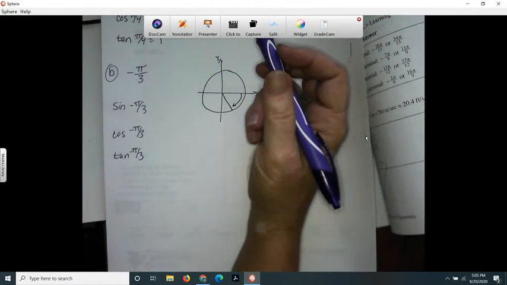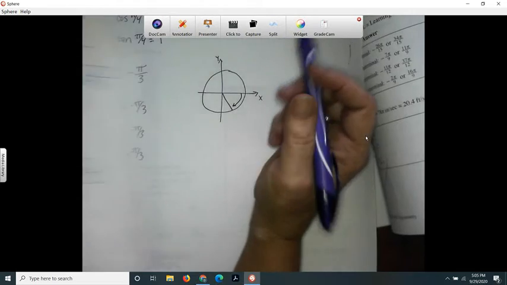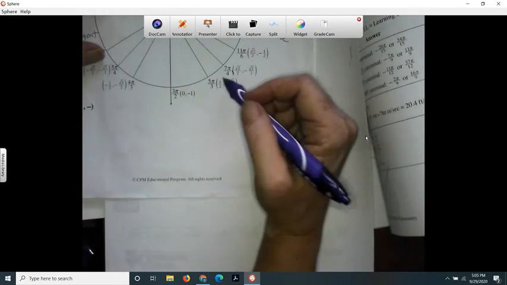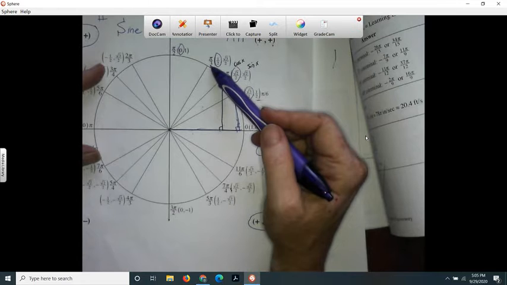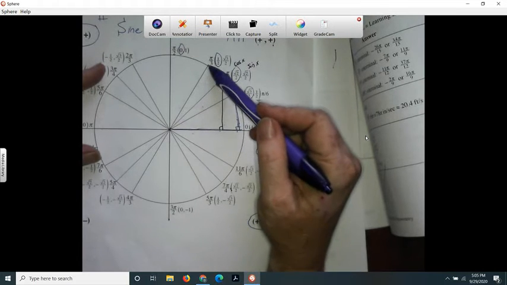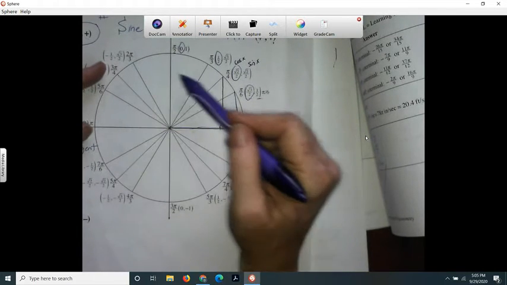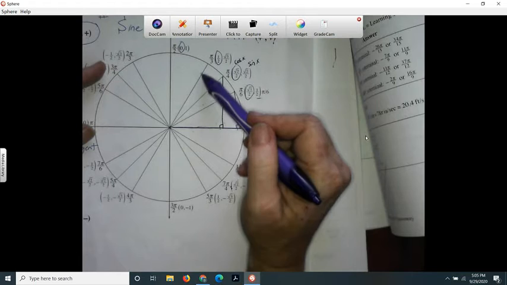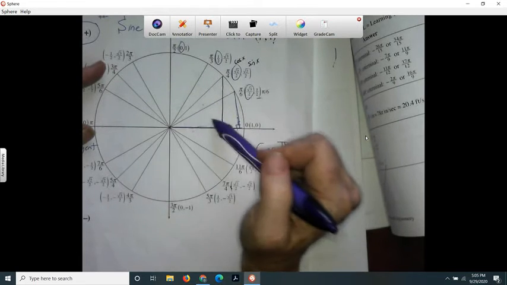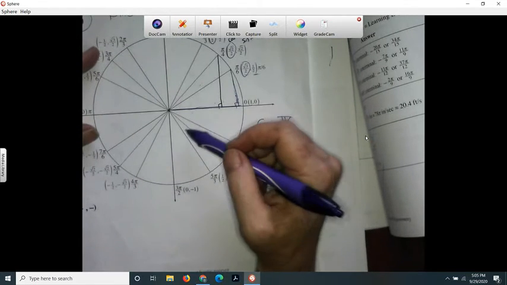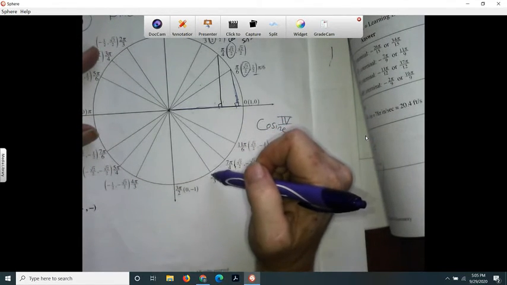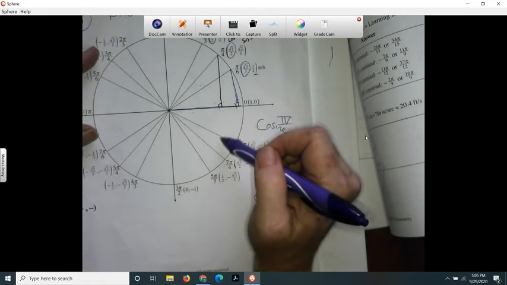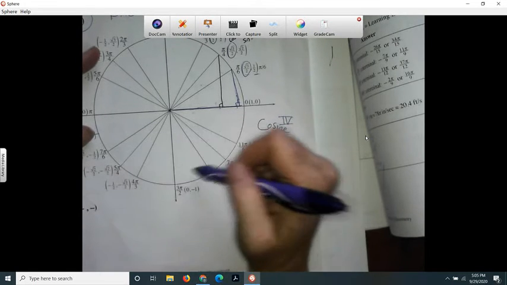So it's okay to use your unit circle. So this one right here, see, this is pi over 3 right here. It's like 1/3 of this half circle's pi. So it's like cutting the pi into thirds. This one right here is negative pi over 3. So it's 1/3 of this bottom half circle, if that makes any sense.